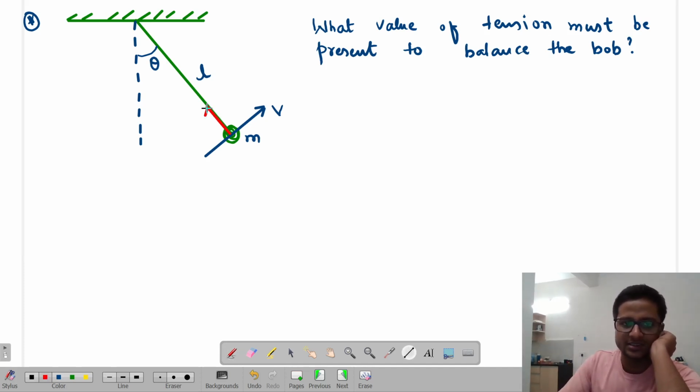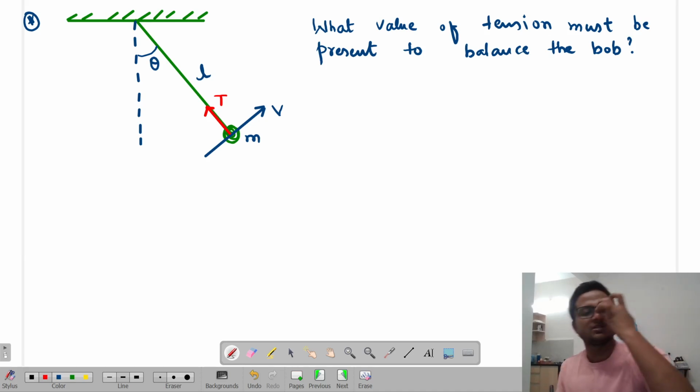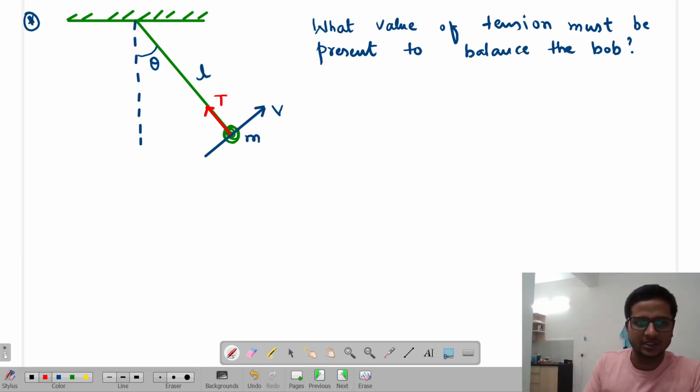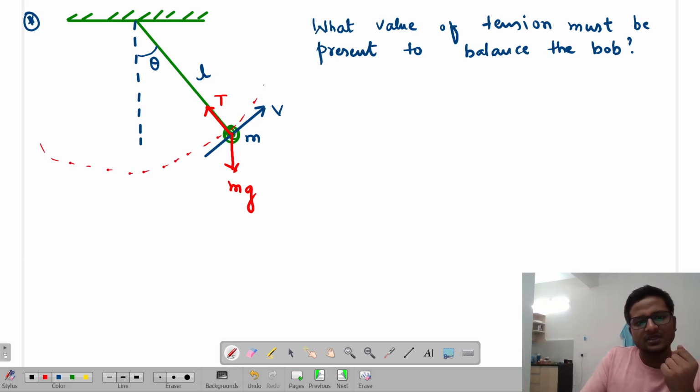This is my tension, and the tension will always be present in this direction, towards the wall, if I'm considering this kind of motion. Now the mg will be perfectly vertically downwards. But if I see this particular motion, the circle inscribed over here will be something like this.